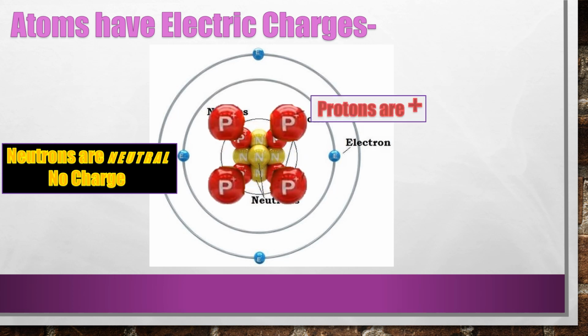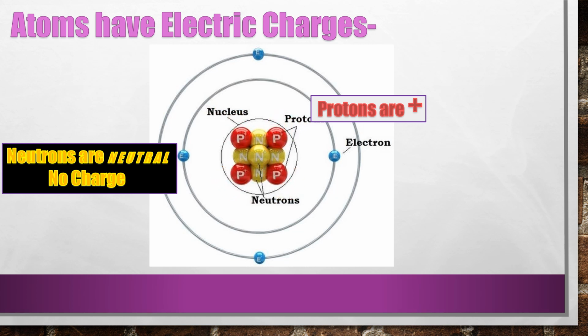Connected to those, I'm going to have the same number of protons, and protons are positive. So if I can remember that protons are positive and neutrons are neutral, they go together inside the nucleus. I have an even amount of protons and neutrons connected together to make up my nucleus, the centerpiece of my atom.